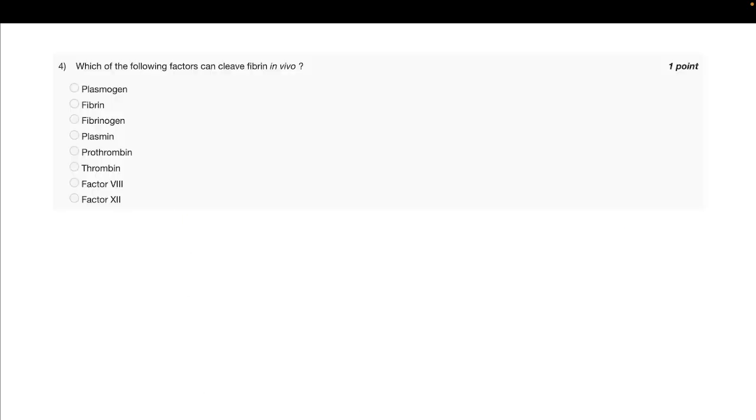Next is, which of the following factors can cleave fibrin in vivo? Anybody has the answer? Option 4. Option 4, that is plasmin. Okay, thanks. Anybody else? Yes, ma'am. Option 4, plasmin. Okay, thank you.